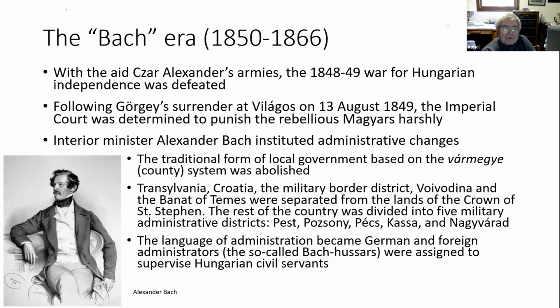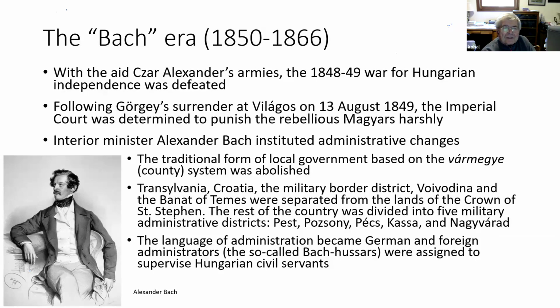The traditional form of local government in Hungary was based on the vármegye, or the county system, and Bach abolished this. He also removed the areas of Transylvania, Croatia, the military border district, Vojvodina, and the Banat of Temes from the lands of the Crown of St. Stephen.